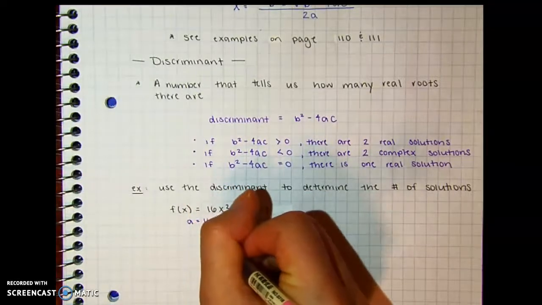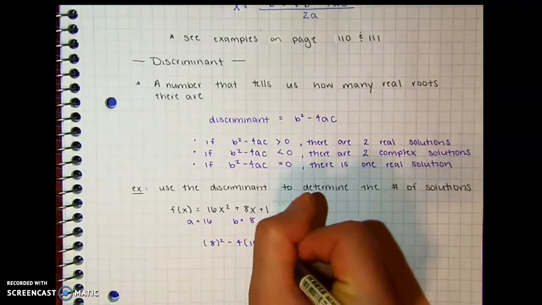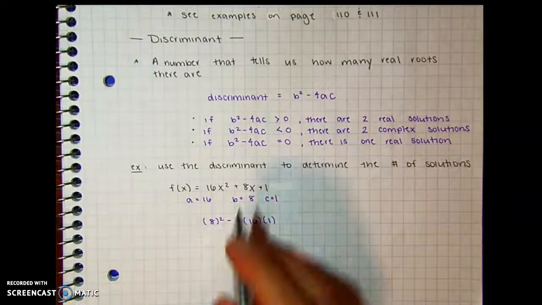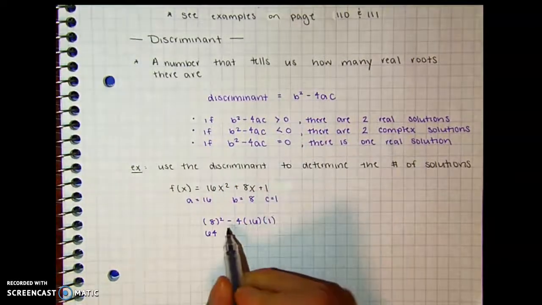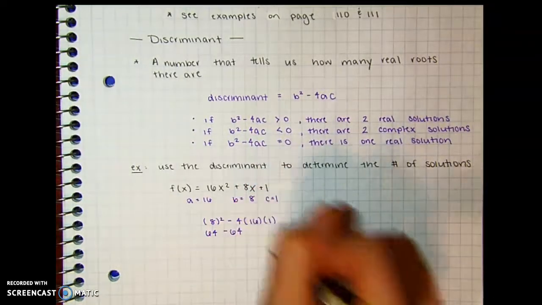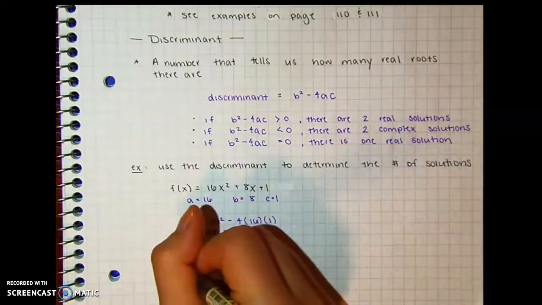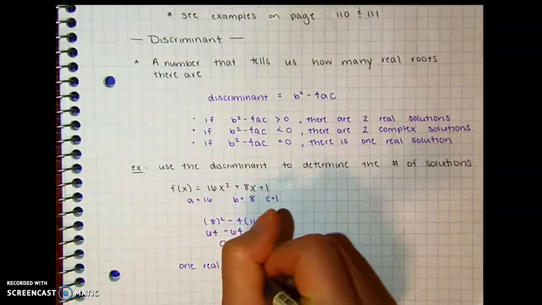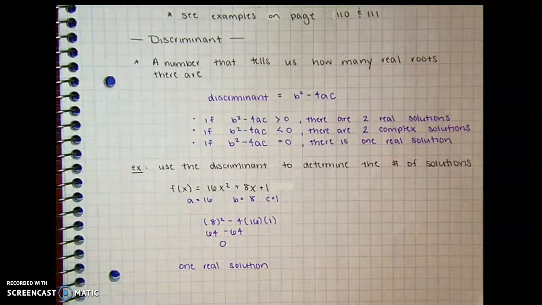So it'll be 8 squared minus 4 times 16 times 1. You need to show the substituting part, and then you simplify, so 8 times 8 is 64. And negative 4 times 16 times 1 is also 64, so it's minus 64, which is 0. So that means there is one real solution.